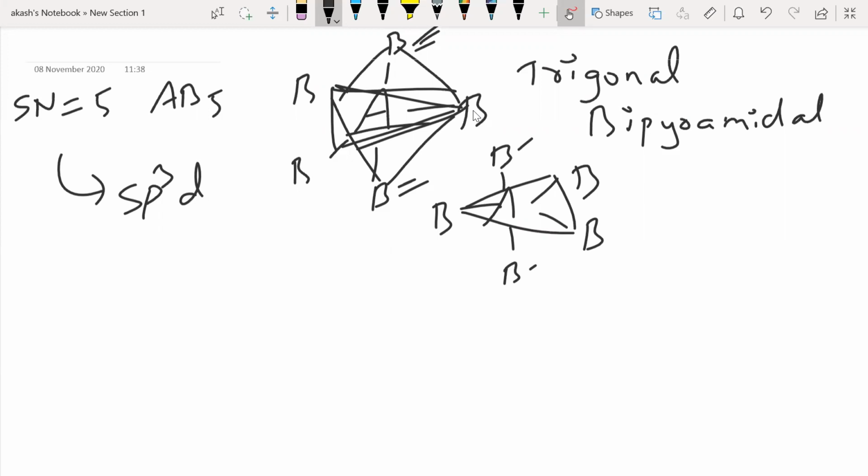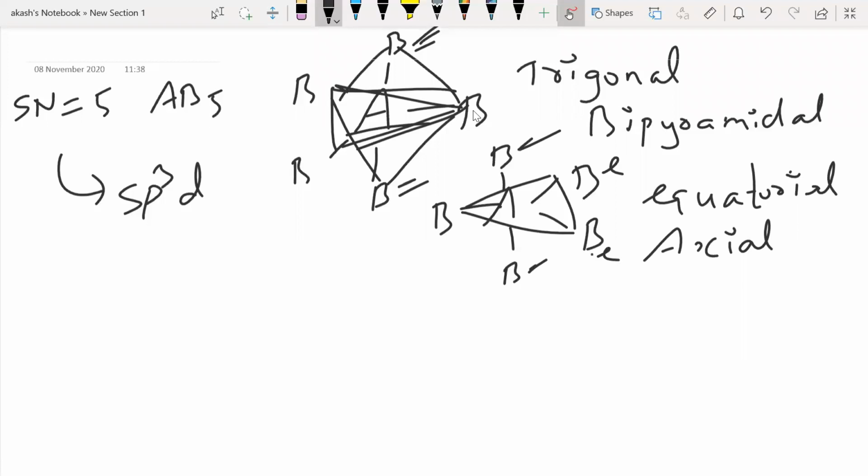One is what is called your equatorial bonds. The other one is what is called your axial bonds. So axial bonds are these 2, and the equatorial bonds are these 3. So you have 3 equatorial bonds and 2 axial bonds.